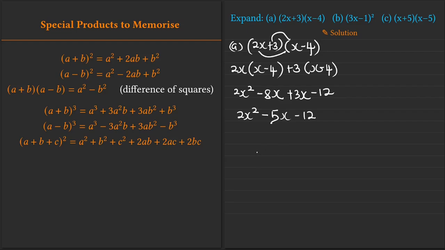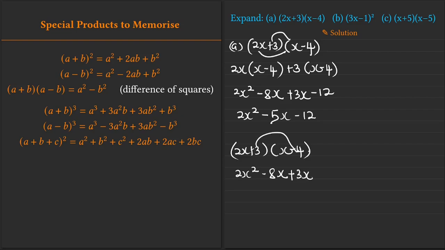If you wanted to use the FOIL method, we have 2x plus 3, and that multiplies x minus 4. So you multiply 2x by x, that gives you your 2x squared. Then you multiply your 2x by negative 4, that gives us a negative 8x. Then you multiply your inner 3 times x, that gives us a 3x.